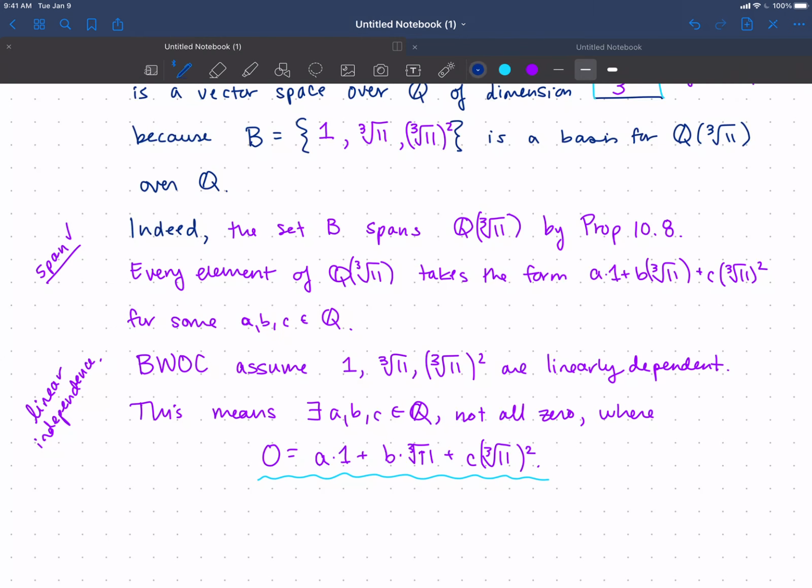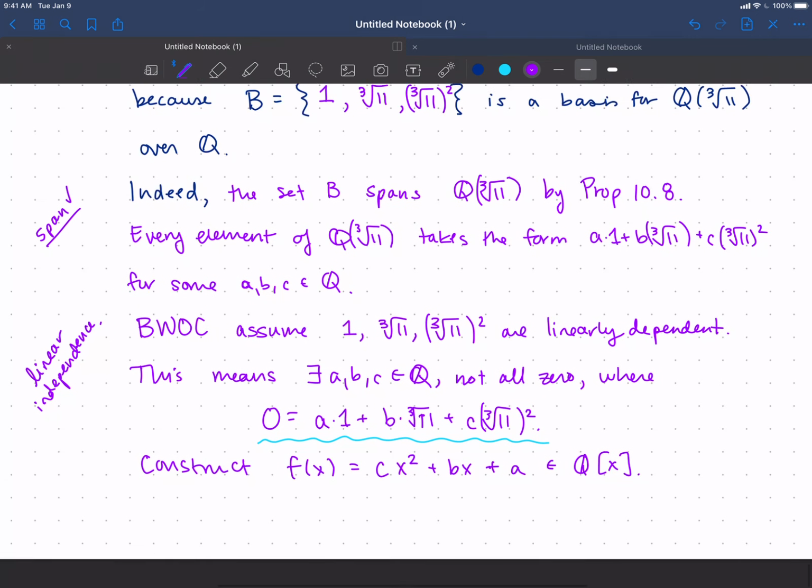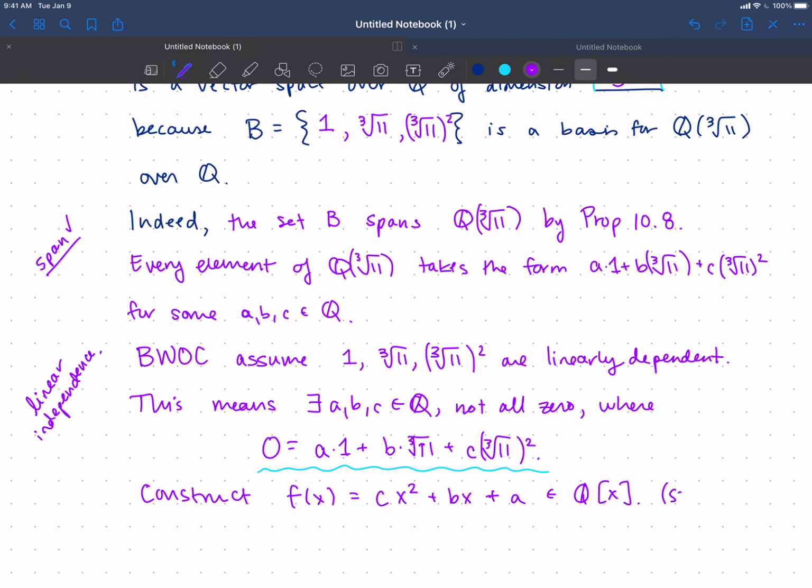So let me build that polynomial. Construct f of x equals, I usually do it with the highest term first, c times x squared plus b times x plus a. And that belongs to Q bracket x. I'll just say those are the same a, b, and c as in that blue underline. This polynomial has a really nice property.